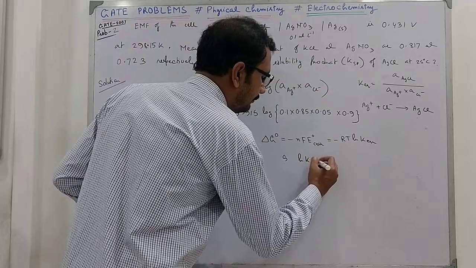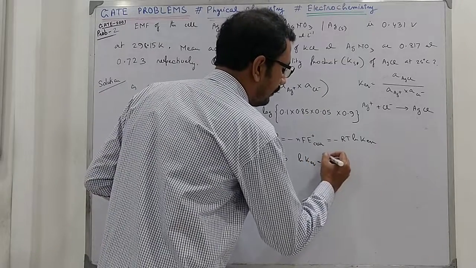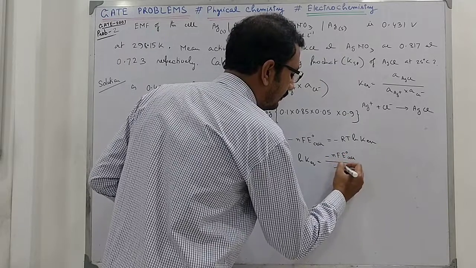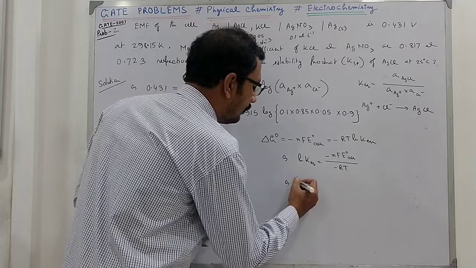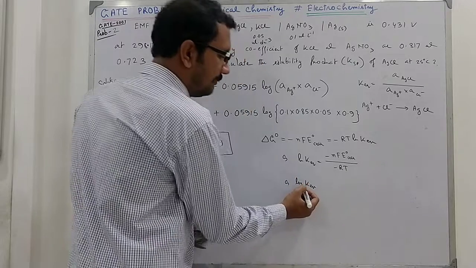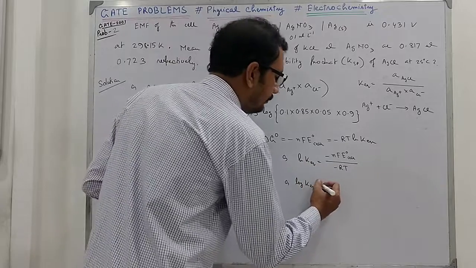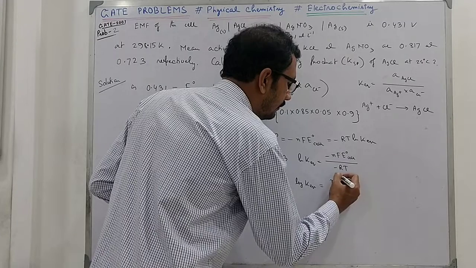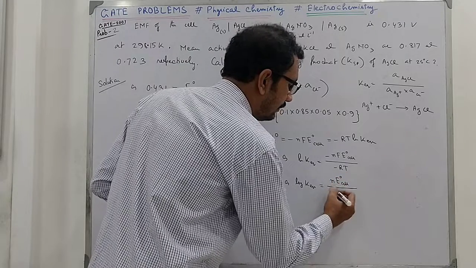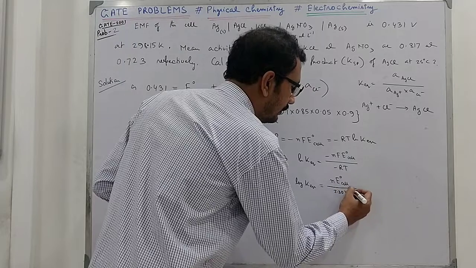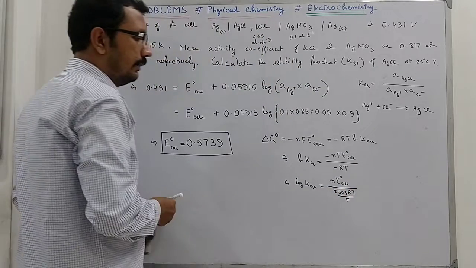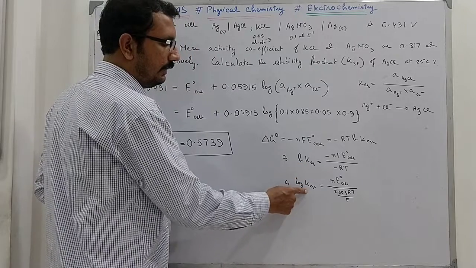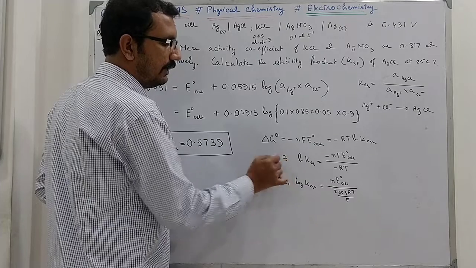So ln K equilibrium will be minus nF E0 cell by minus RT, or log K equilibrium. This is base 10, this is base e, so this minus minus will cancel, and we will have n E0 cell by 2.303 RT upon F. When you convert log natural to log 10 base, we get a factor 2.303.